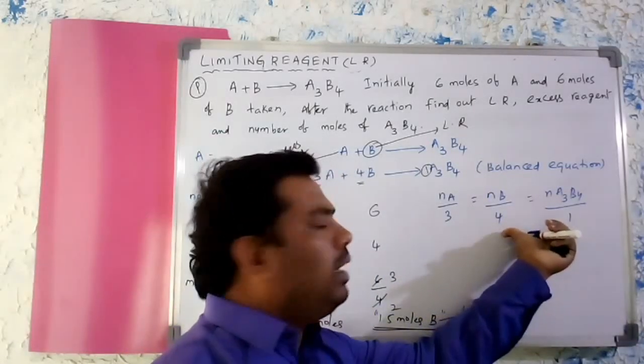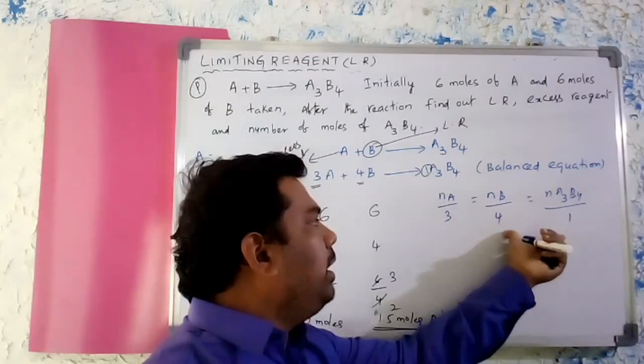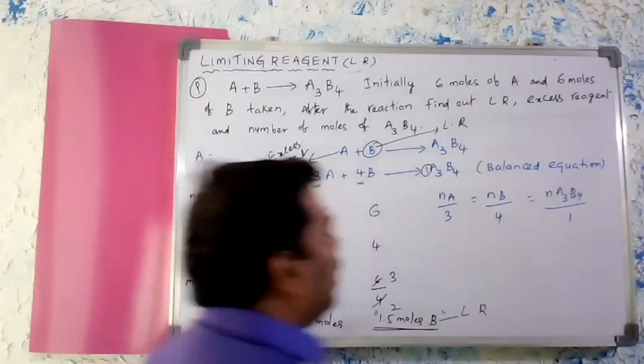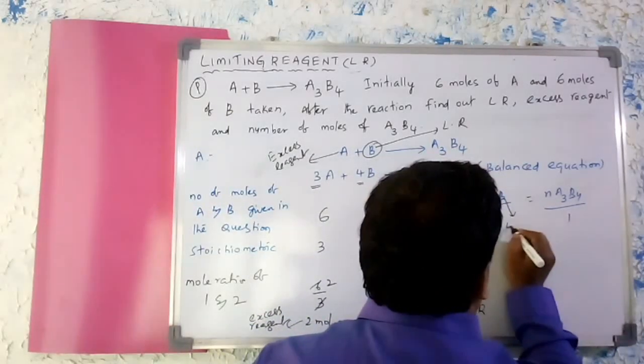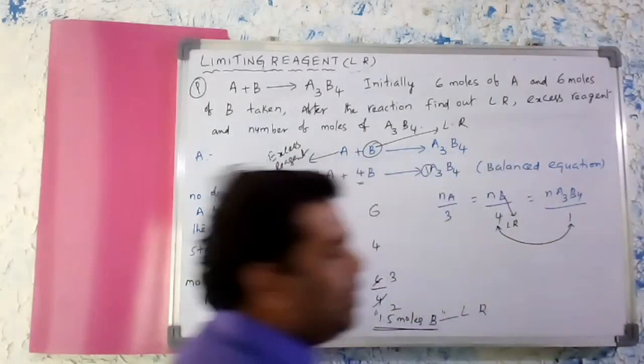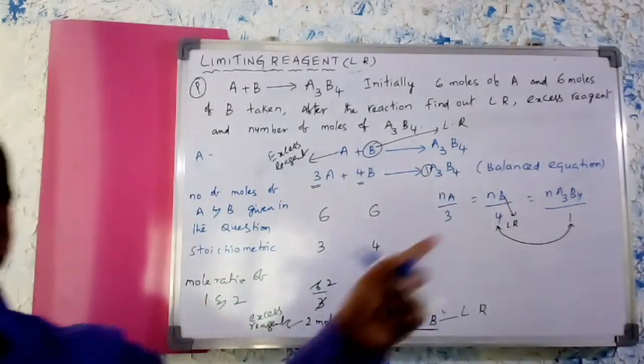You consider the relation between the limiting reagent and product. B is the limiting reagent, so you will consider only the relation of the limiting reagent and product.